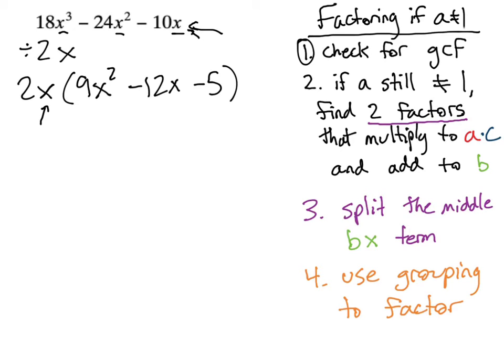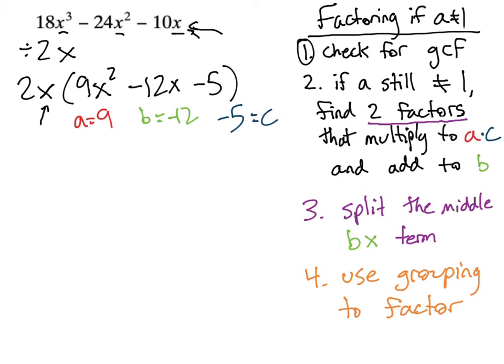So that makes the rest of our work a little bit easier because these numbers are going to be smaller when we're doing calculations, but we still are left with a polynomial where a is greater than 1. And there are no more common factors that we can divide by, so to finish this off, let's continue with our method, and we're going to find two factors that will multiply together to equal a times c.